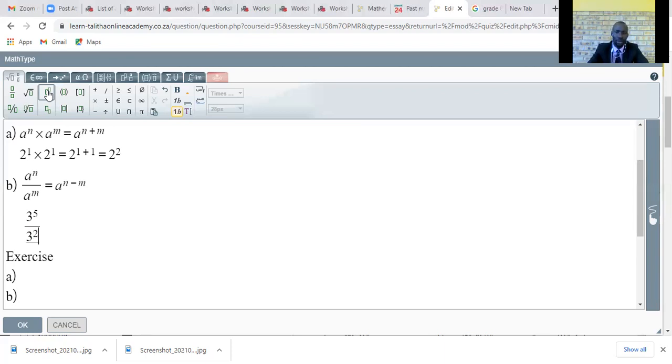So this law allows us to simplify this expression as a 3 with exponent 5 minus 2. So this is what we get.